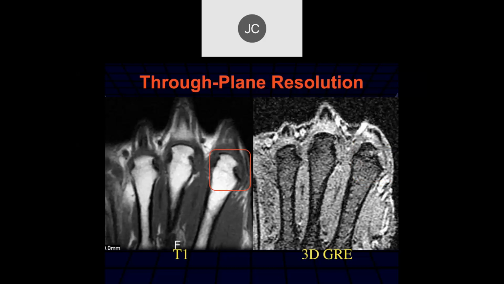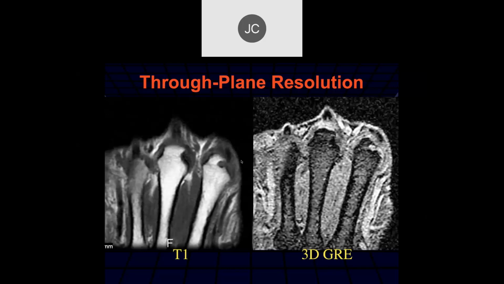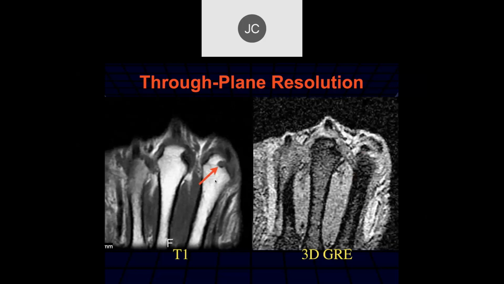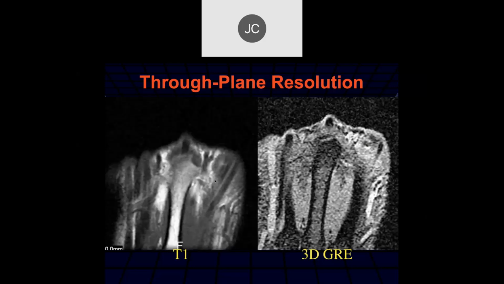And then in the old days with gradient echo, we could occasionally pick up some erosive changes in the bone. Here we can see that erosion. In this case, the gradient echoes are 1 millimeter isotropic images, and here's a T1 weighted image showing you can see much better contrast when it's a large lesion with non-gradient echo images.